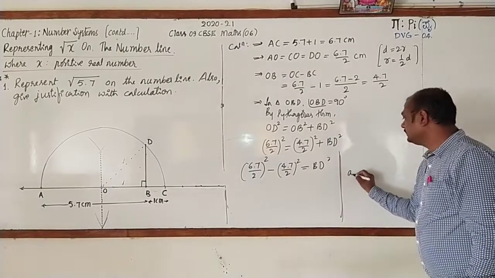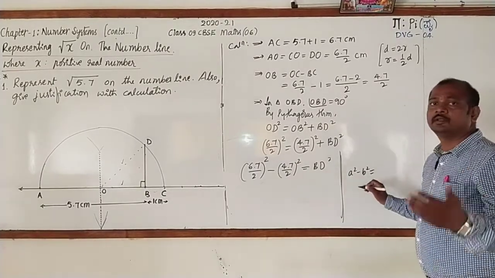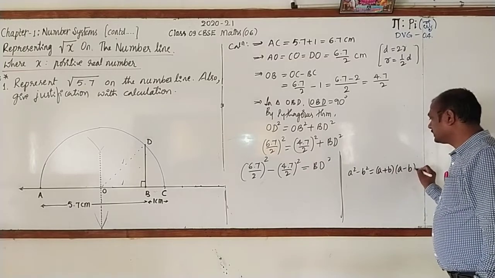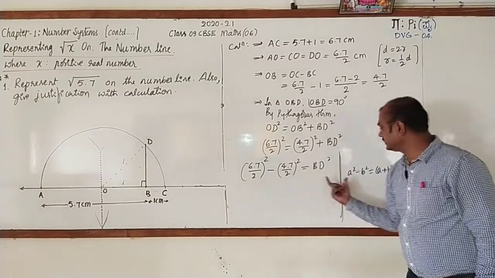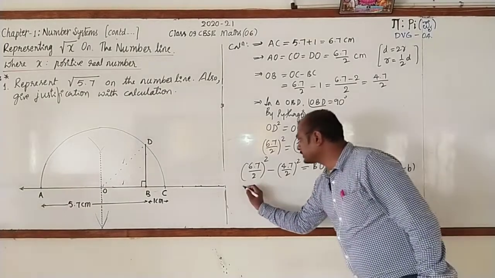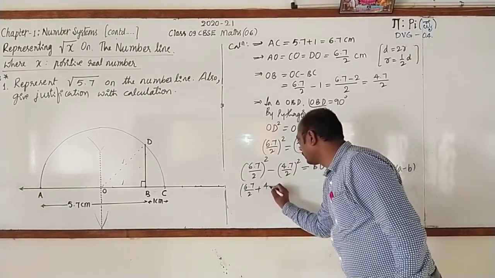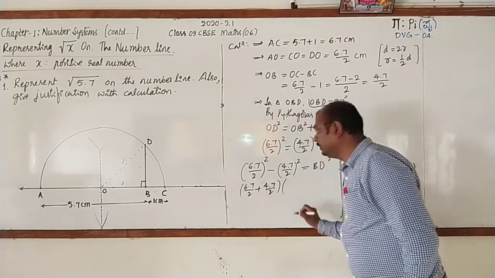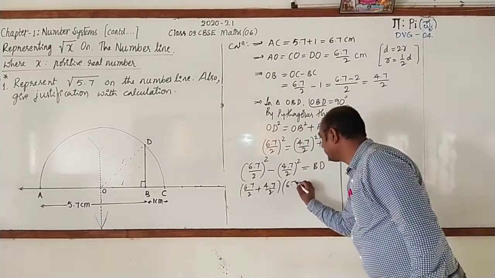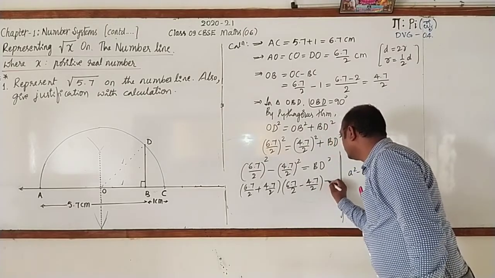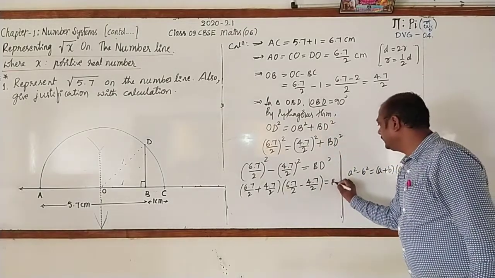Then what is a square minus b square? You are right. It is a plus b into a minus b. I will write these two terms in this form. A plus b into a minus b. 6.7 by 2 plus 4.7 by 2 into 6.7 by 2 minus 4.7 by 2. It is equal to BD square.